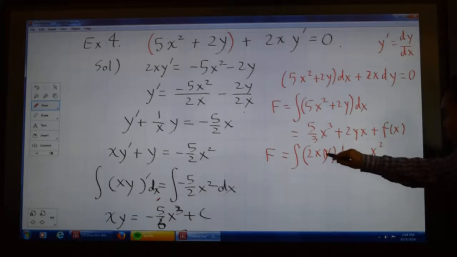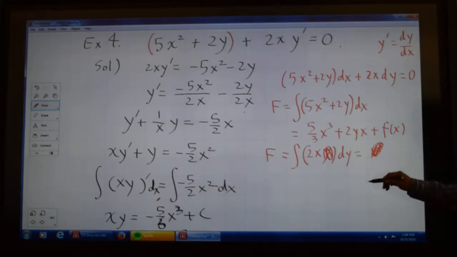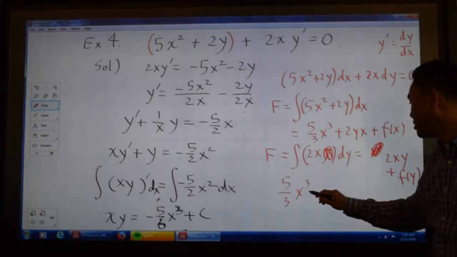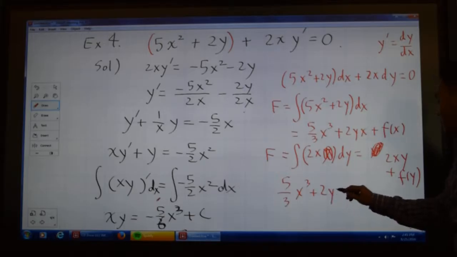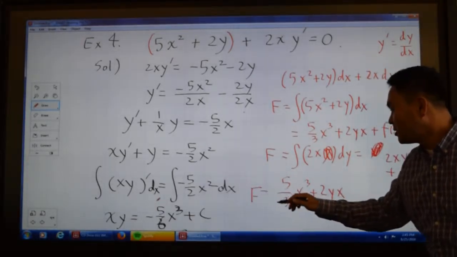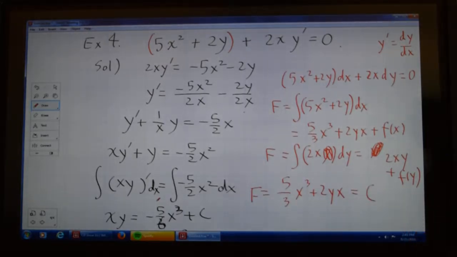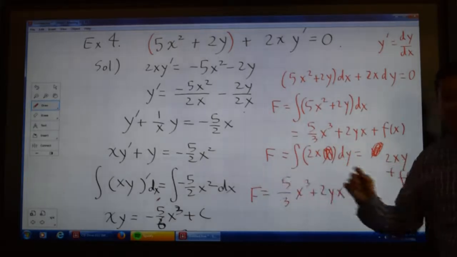If you integrate by y, you get 2xy plus a function of y. So putting those two together, you get 5 over 3 x cubed plus 2yx, and that should equal a constant. And if you bring this to the other side and divide by 2x, you get the same exact answer.